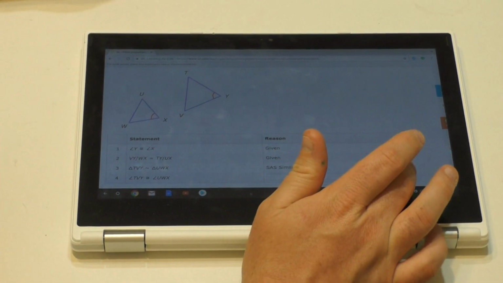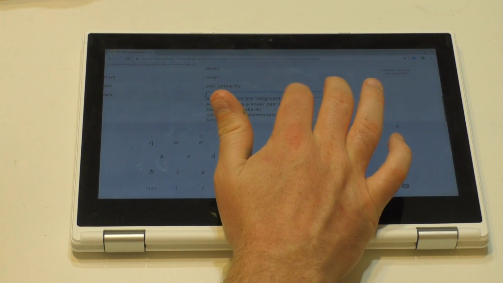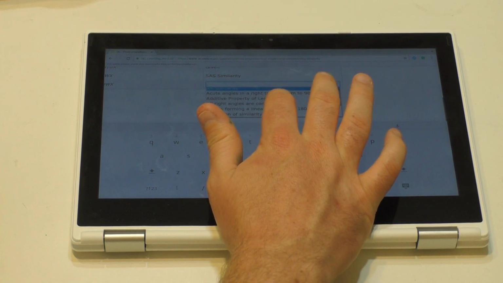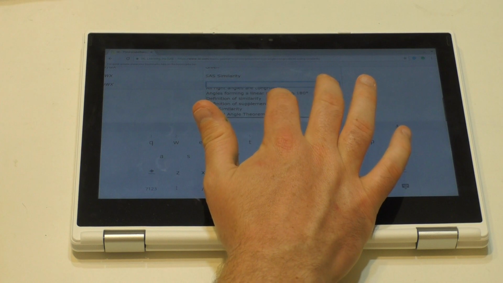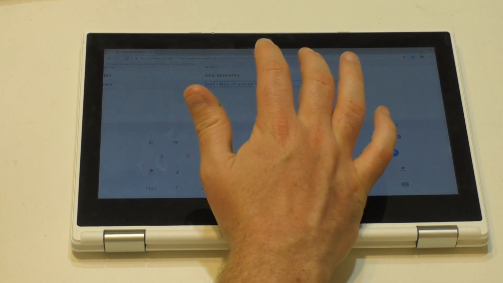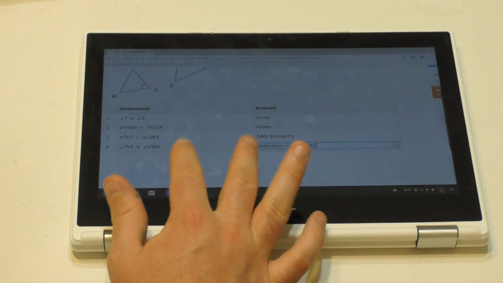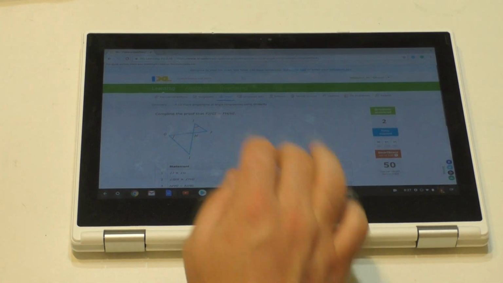Well, the corresponding angles are going to be the same in similar triangles. So you might see something that says corresponding angles are equal in similarity, or I might even just use the definition of similarity, which is same shape, different size. So that means they have the same shape. It's got to have the same angles.